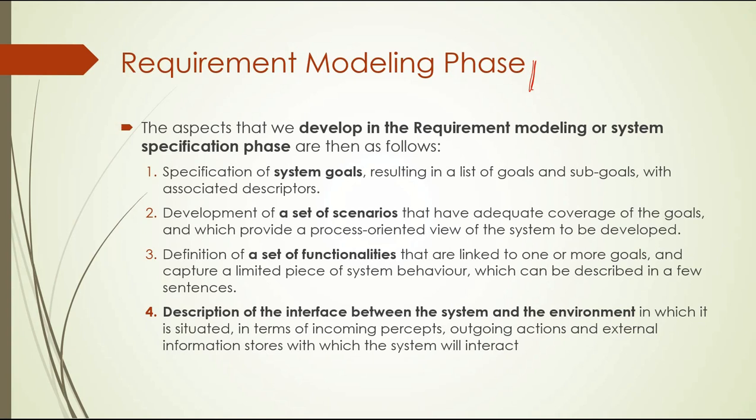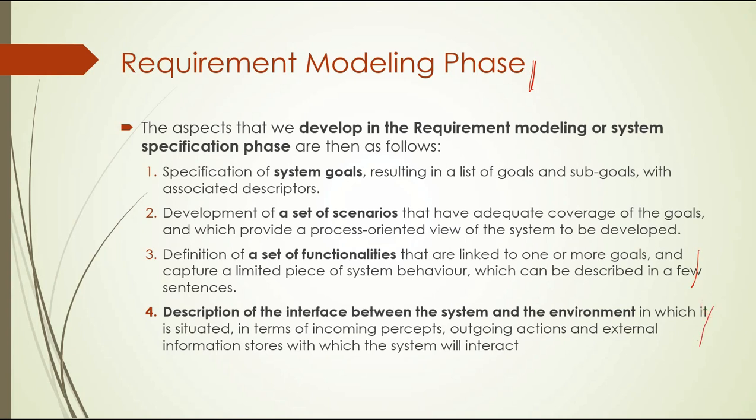The second, we want to develop a set of scenarios. And the third, define or develop the set of functionalities, which are the functional and non-functional requirements. And the fourth, we have to describe the interface between them. Here the interface is the use cases.